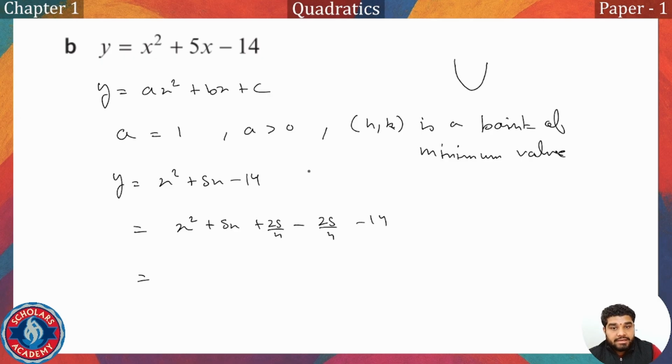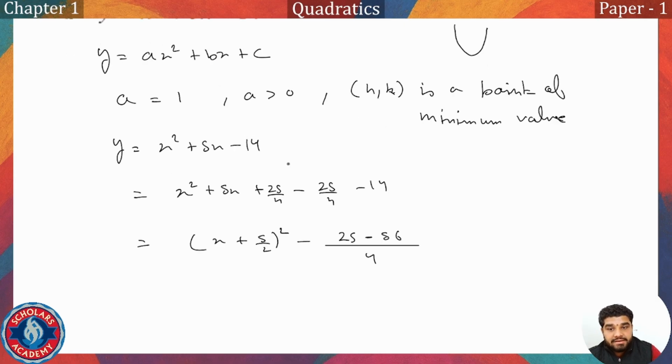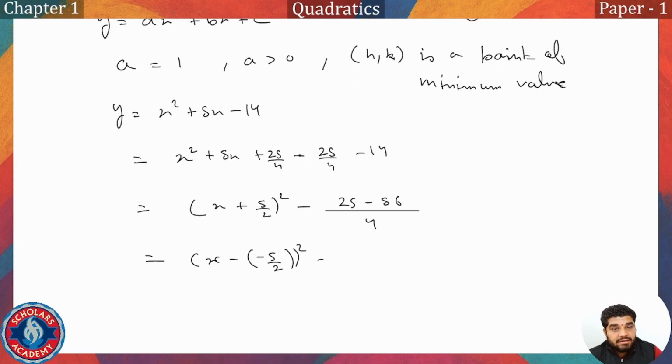So from here, I can convert this to a whole square, that is (x plus 5 by 2) whole square, and this can be written as negative, I can take 4 as LCM and I get 25 and minus 56, right? This gives us (x minus of minus 5 by 2) whole square minus, so we can take it as 25 plus 56 gives us 81 by 4.